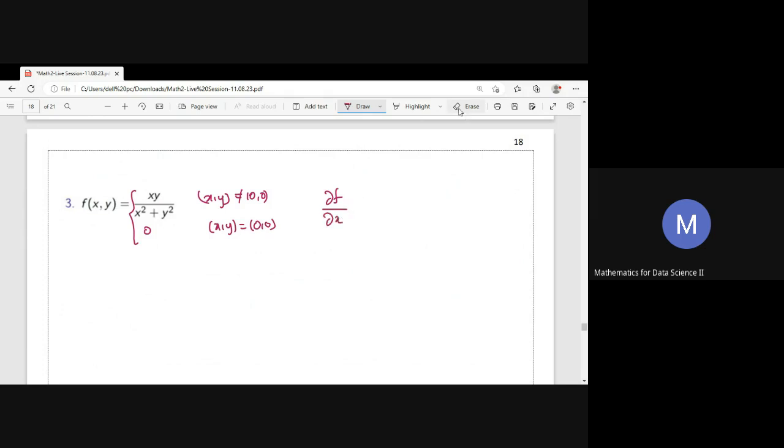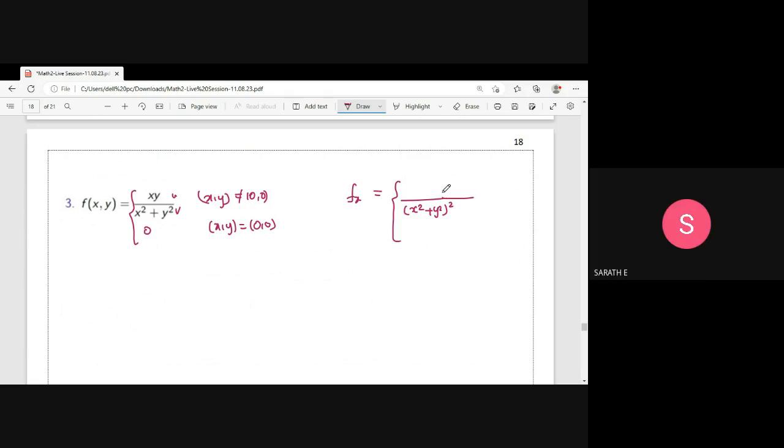Okay. Now, what is your fx, the partial derivative with respect to x? You have to use the u by v method. So this is your u, this is your v. With respect to x, the denominator is x squared plus y squared, the whole square.